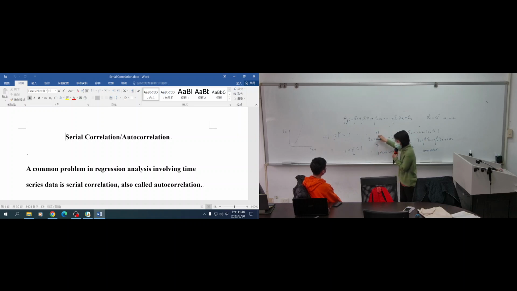The higher it is, the more the current is related to the previous one. It can be 1 at most, which means the current is exactly the same as the previous one. And what about the negative?